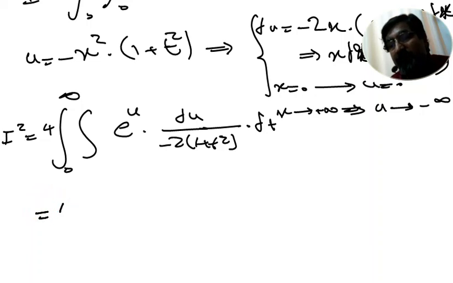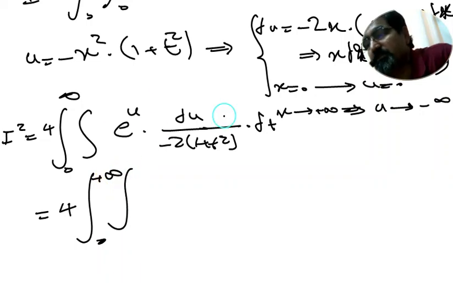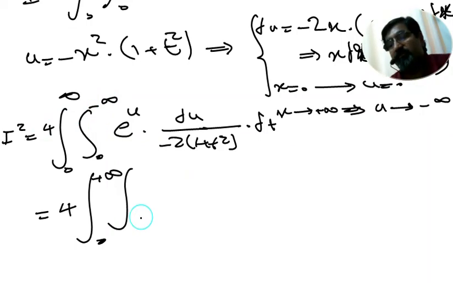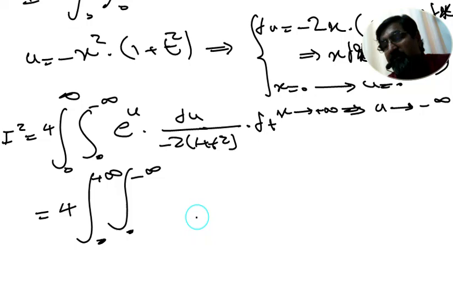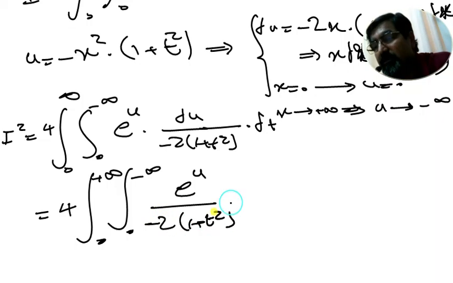So when x equals 0, u equals 0, and when x equals positive infinity, u goes to negative infinity. So we have the integral from 0 to infinity of e raised to u, over minus 2 times 1 plus t squared, du dt.